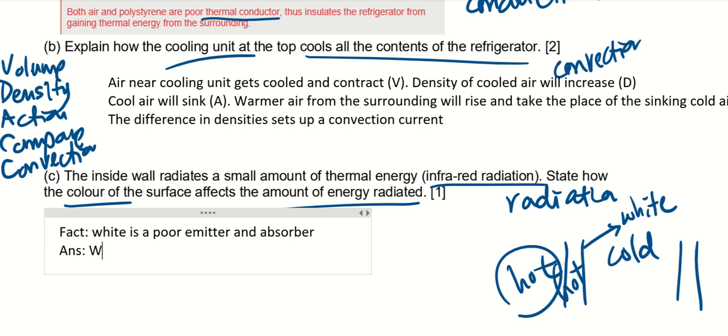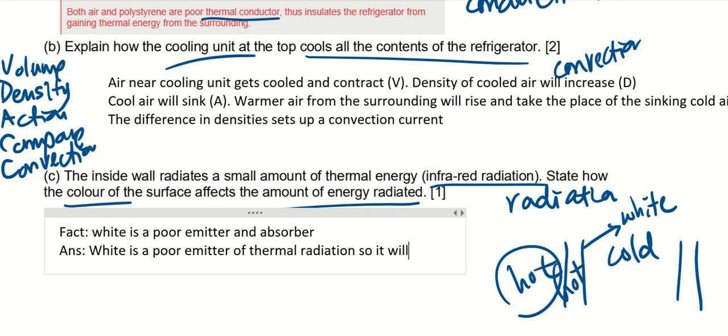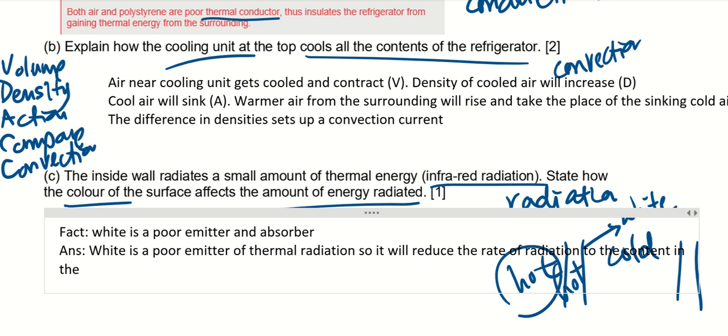Sorry, it should be: white is a poor emitter of thermal radiation, so it will reduce the rate of radiation to the contents in the fridge.